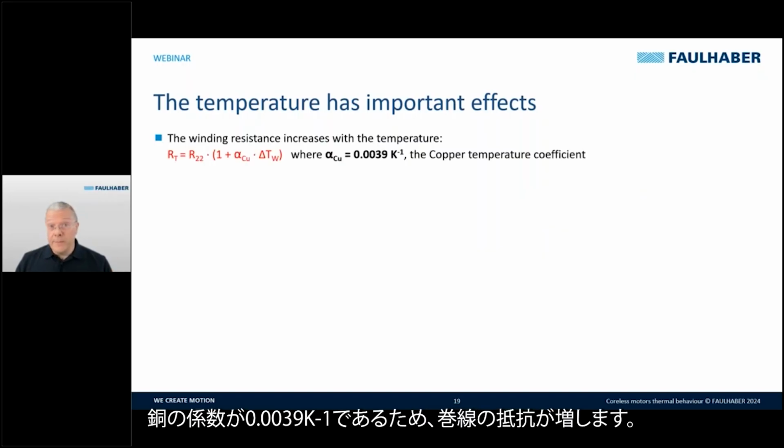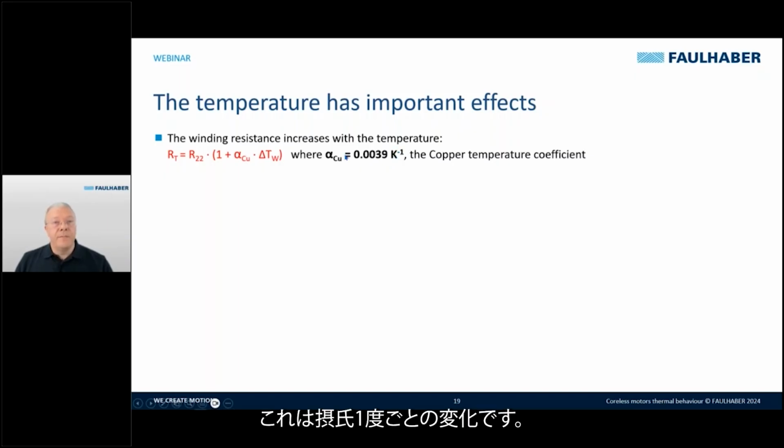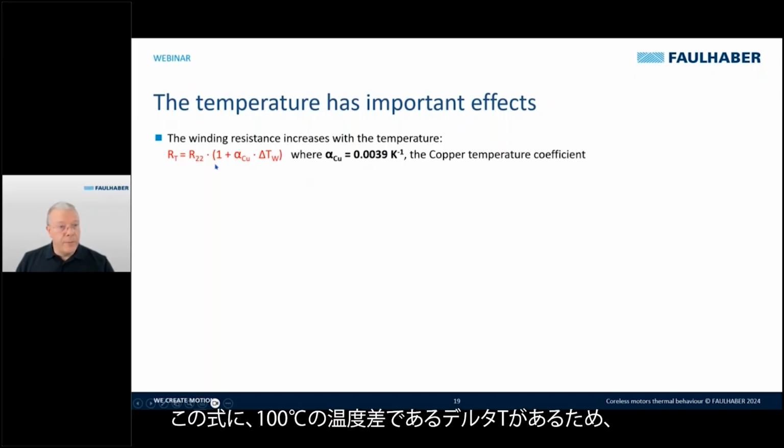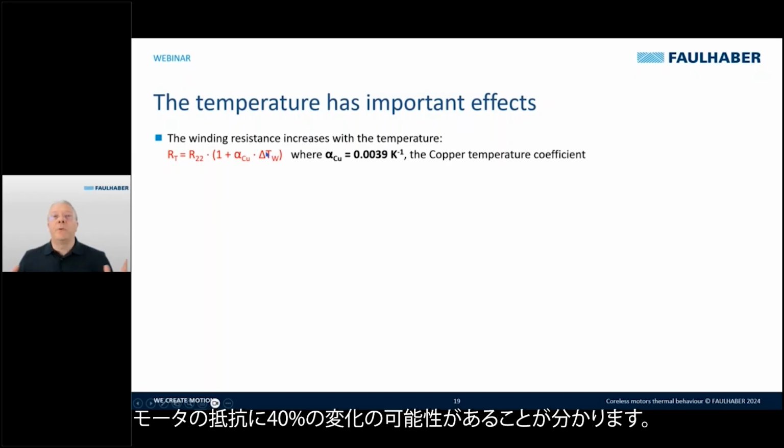The winding resistance is increasing because the copper coefficient is 0.0039 per Kelvin. This is the variation for each degree Celsius. And you can see that with this formula here, when we have a delta T, a difference of temperature of 100 degrees, we can have 40% of variation in the motor resistance.